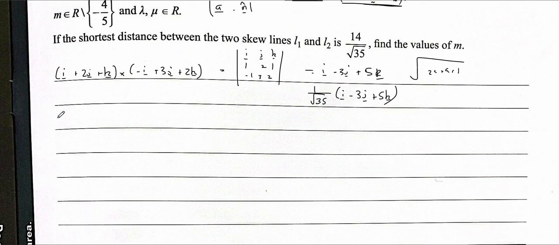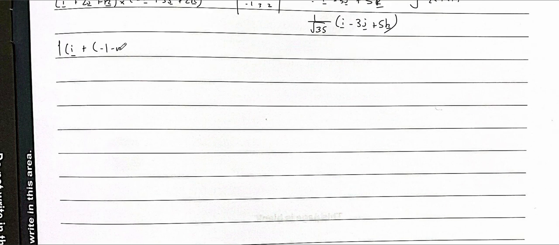So that's going to be i hat plus negative 1 minus m, k hat, and this dot producted with i minus 3j plus 5k, and then we can factor out a 1 over root 35, is equal to 14 over root 35. So we can cancel these two, and we get that the dot product of these two vectors is equal to 14.